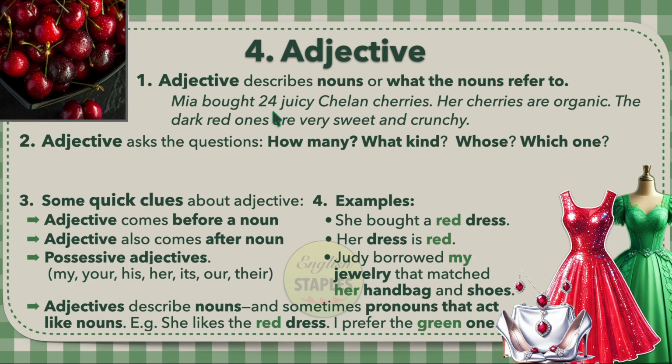Mia bought 24 juicy Shalon cherries. Her cherries are organic. The dark red ones are very sweet and crunchy. How many cherries did Mia buy? 24. Second question.